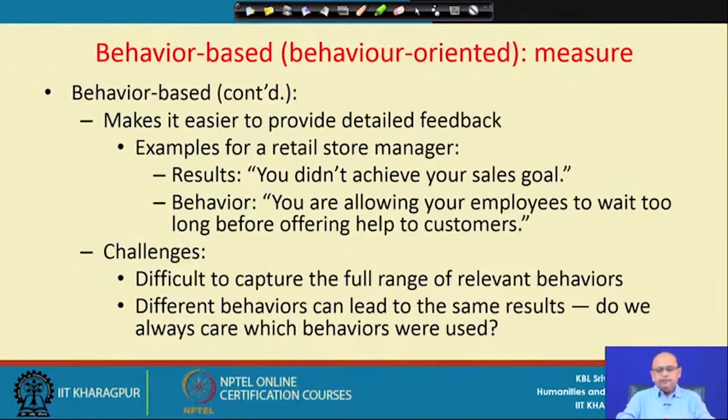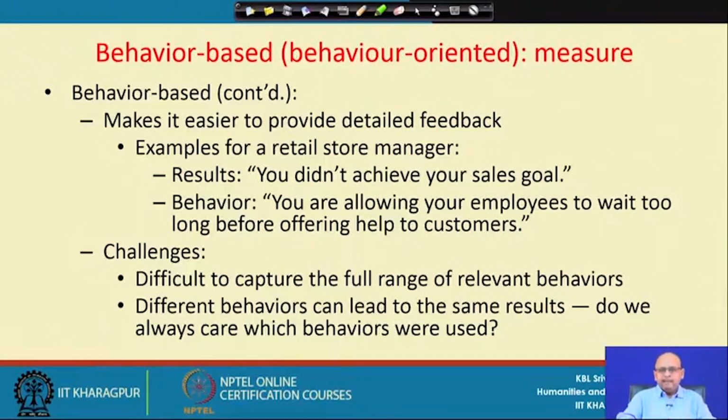Now, when we are talking about behavior based measures, what are the problems? Okay. For example, is it easy to give feedback or not? Say, if you want to provide feedback in the case of a retail store manager, for example, the result may be that you have not been able to achieve your sales goals.